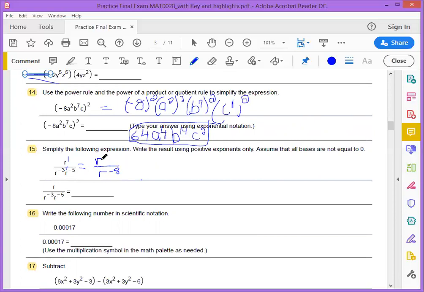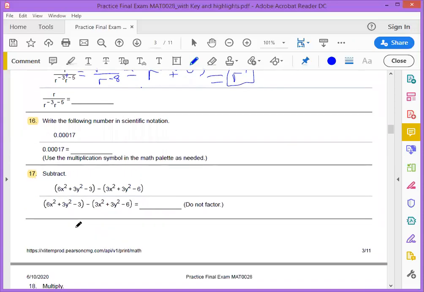In the numerator, we have r to the 1st power. Now we're dividing two terms that have the same base, so we're going to subtract their powers. So 1 minus -8, two negatives side by side becomes addition, r to the 1 plus 8, or to the 9th power. And this is our answer, r to the 9th power.